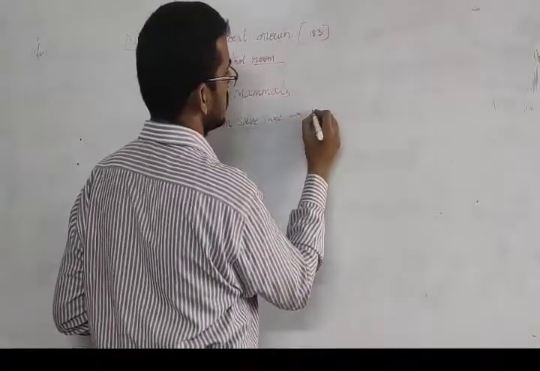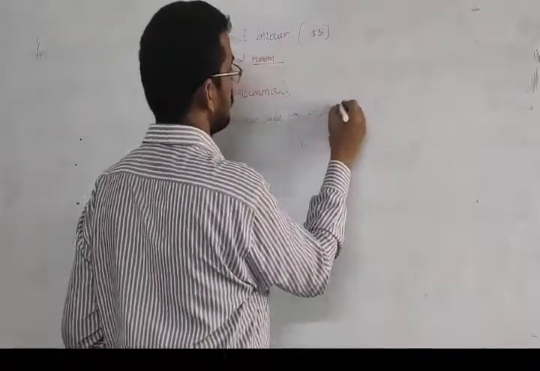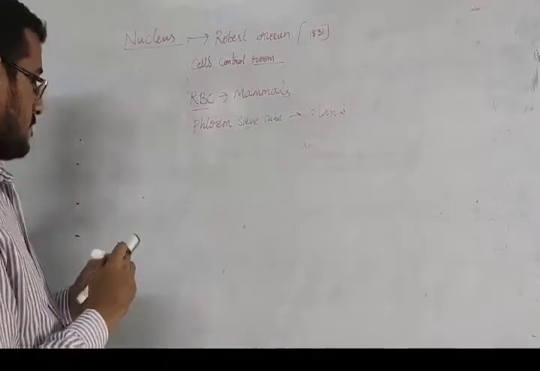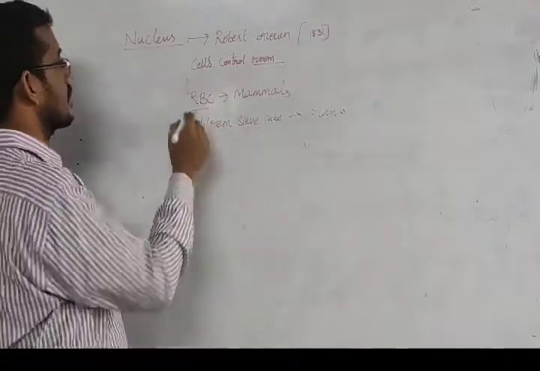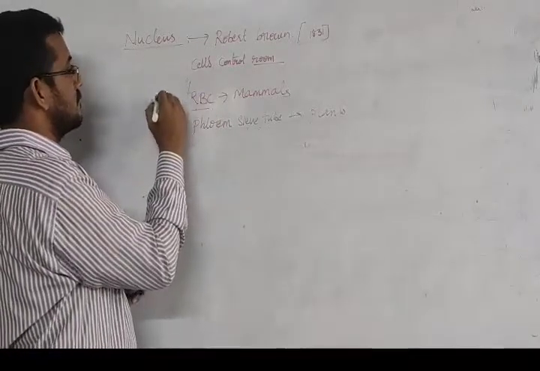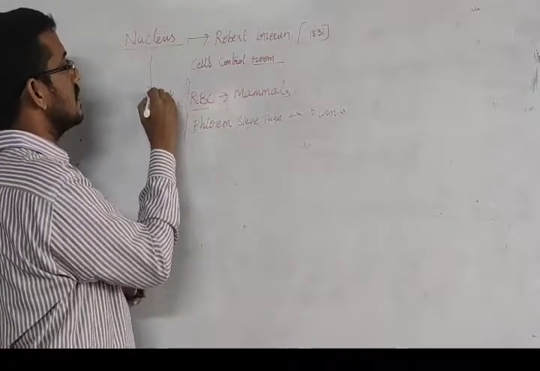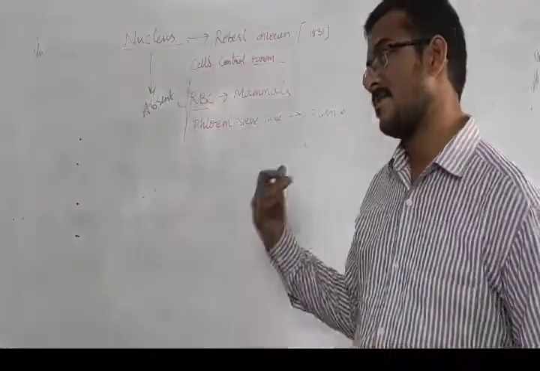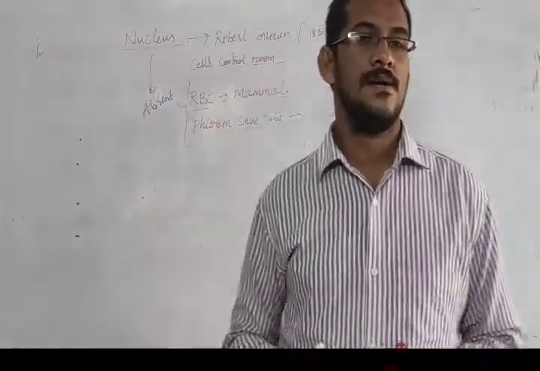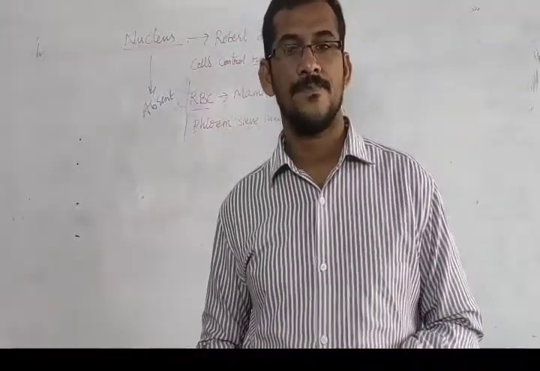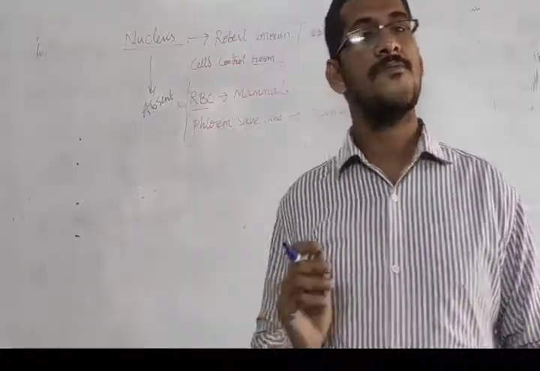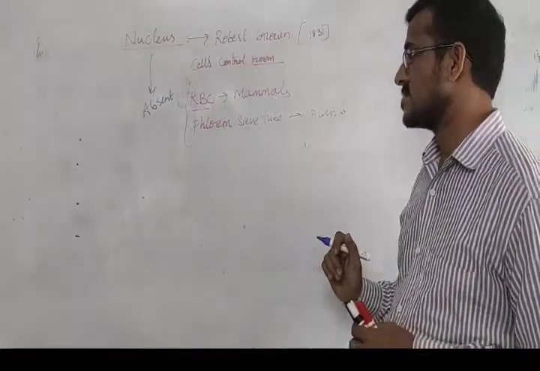In these two cells, it is absent. So nucleus is absent only in these two cells. It is present in all other cells. Okay. Now, what are the functions of nucleus?